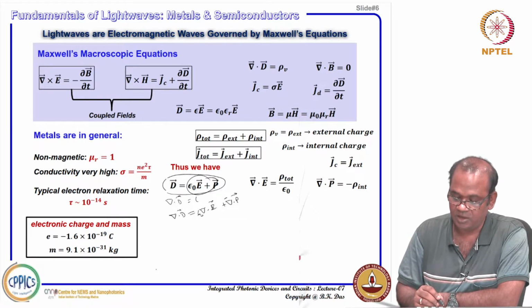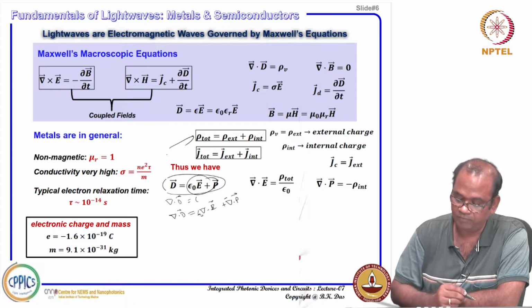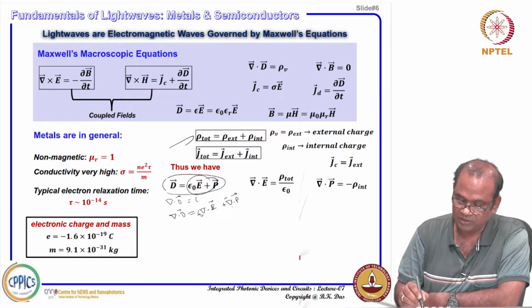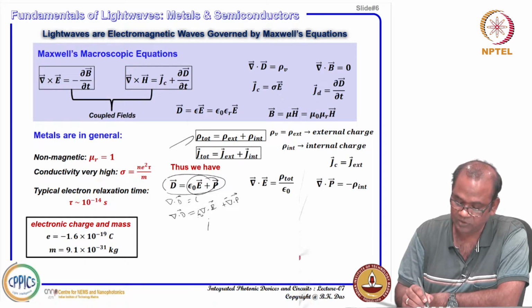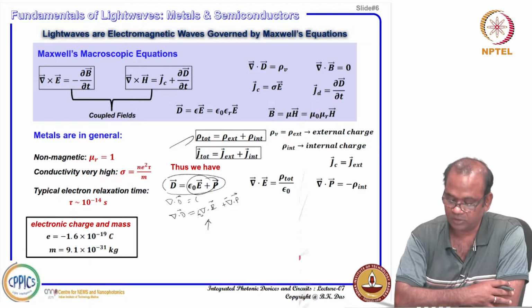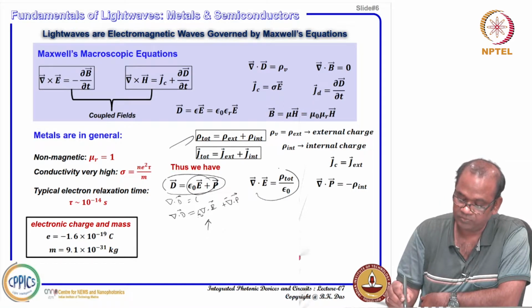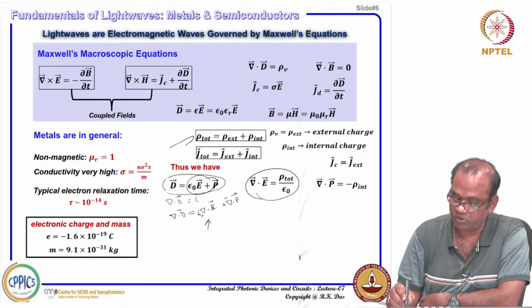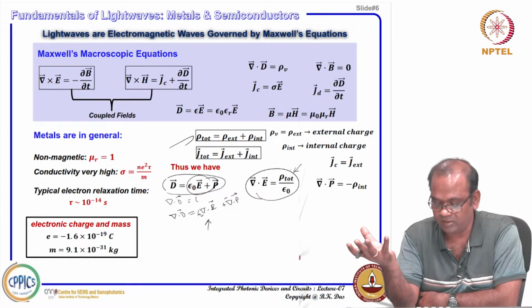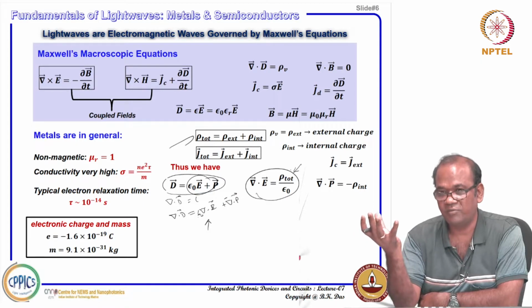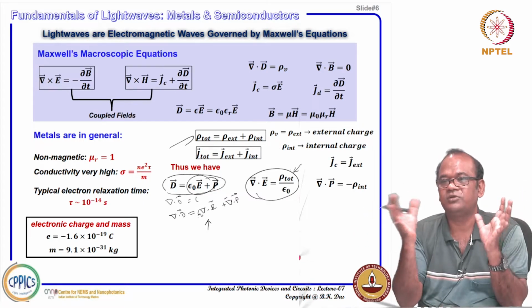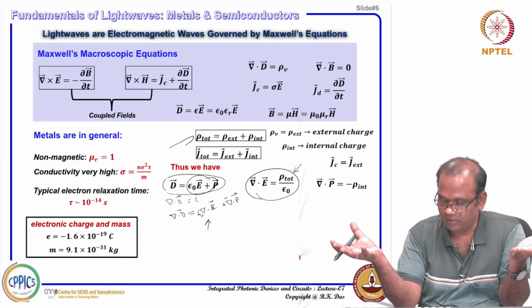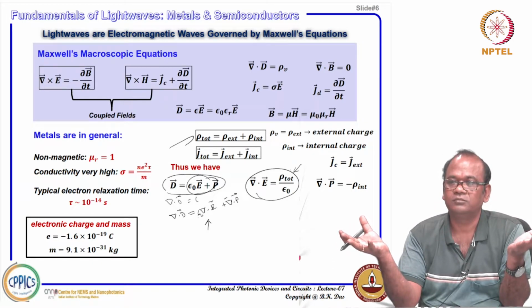If we consider rho total as the total charge, then epsilon 0 divergence E gives you the total charge, so divergence E equals rho total by epsilon 0. This total charge has contributions from the internal and external charge, that is the modeling.